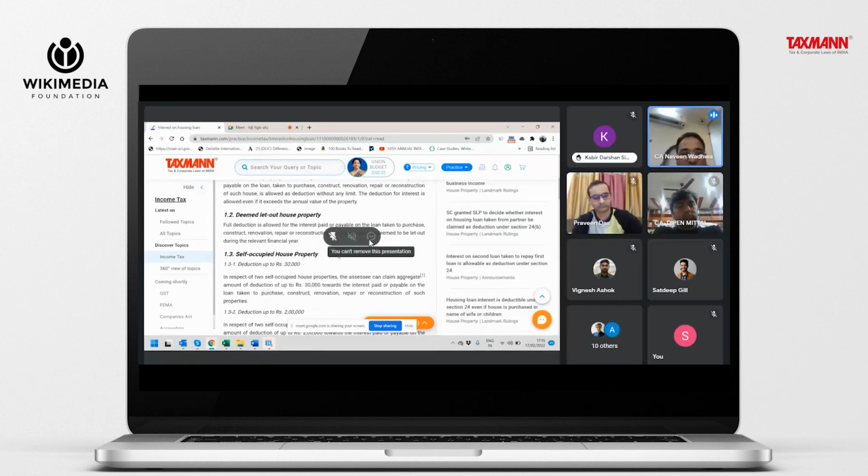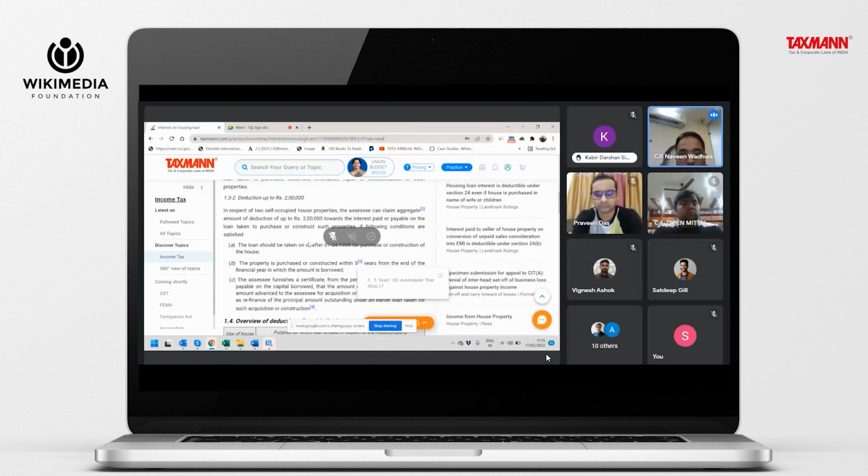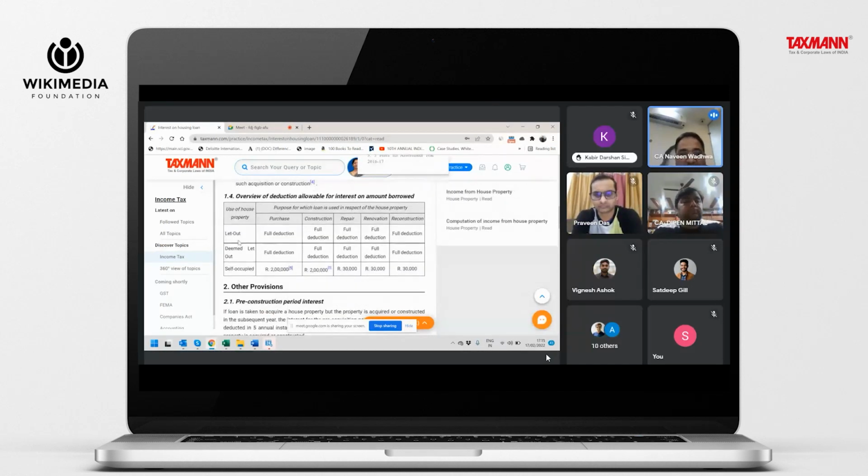You can claim a deduction of 2 lakh rupees, provided you complete the purchase or construction of the house within 5 years from the end of the financial year in which the amount is borrowed. You can claim the full deduction of 2 lakh rupees for purchase and for construction. If you have taken this loan for repair, renovation or reconstruction, the deduction would be just 30,000 rupees.